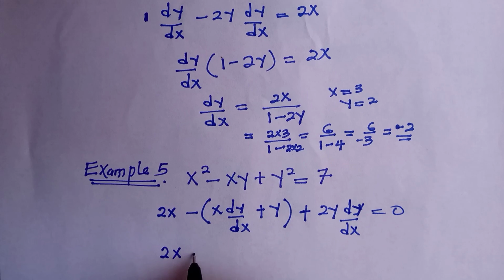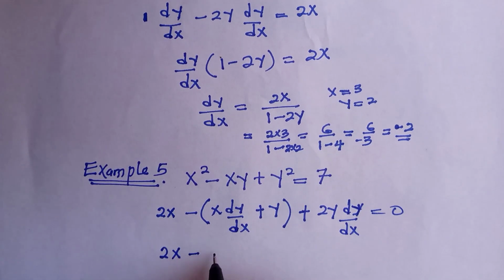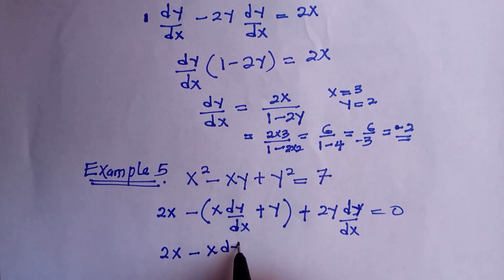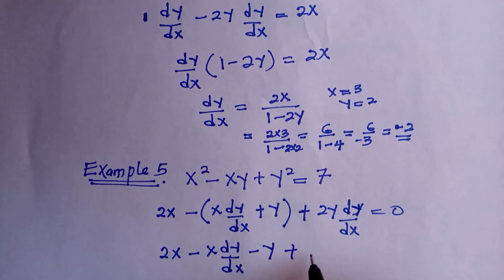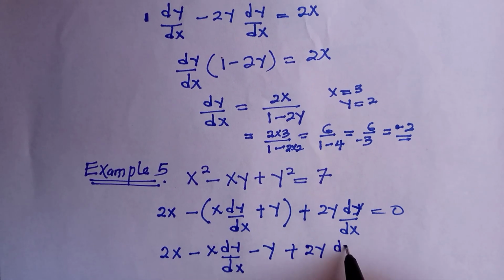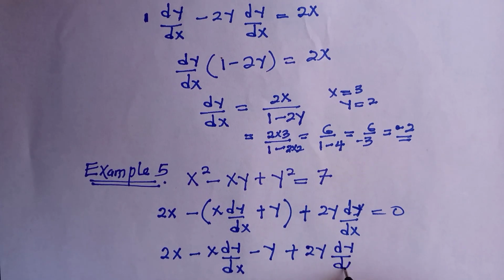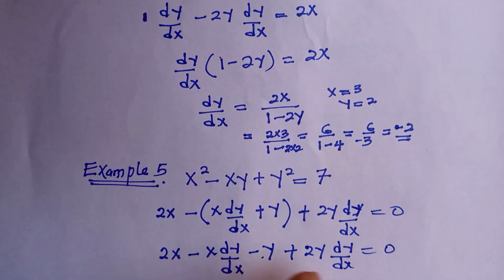And here we are going to open the bracket. So here is negative x dy/dx, negative y, plus 2y dy/dx equals 0.